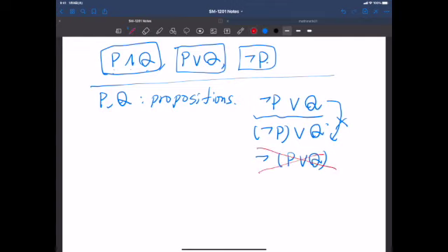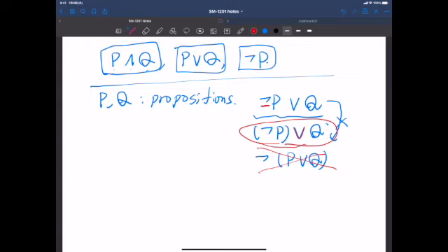This is wrong. This is correct. So that means the negation operator binds to a proposition more strongly than disjunction or conjunction.